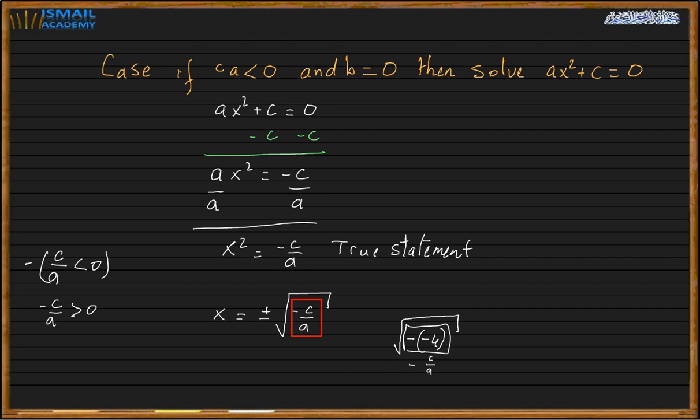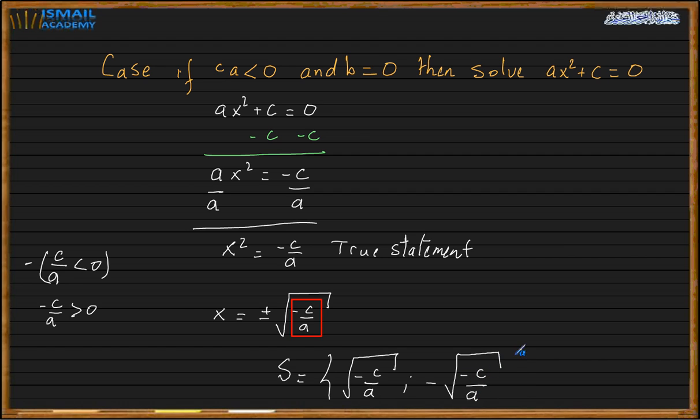So I hope you got the point. Now my set of solutions will have two numbers: either the square root of minus c over a, or minus the square root of minus c over a.